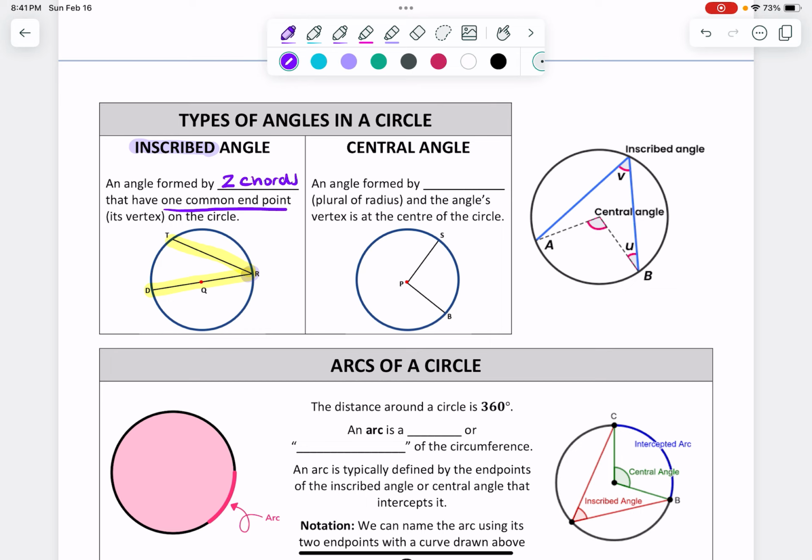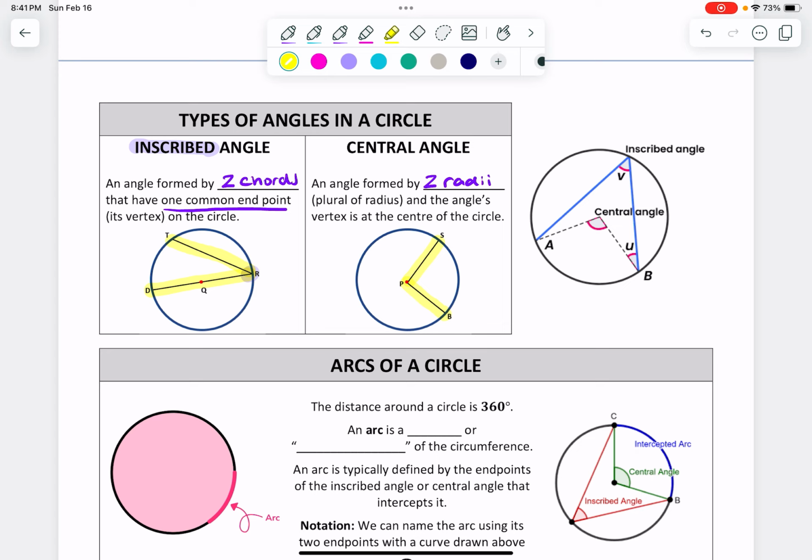Next, we have a central angle. It's a type of angle formed by two radii. Radii is really just the plural of radius. So when I take a look at this, instead of being formed by two chords, I'm formed by two radii. So I have one radius here, SP, and another radius here, BP.